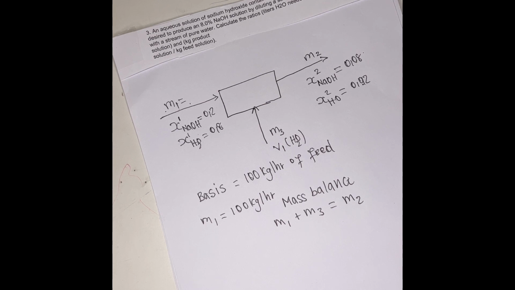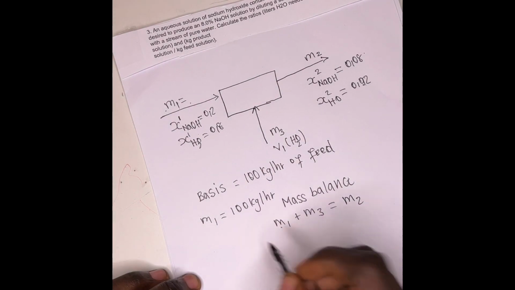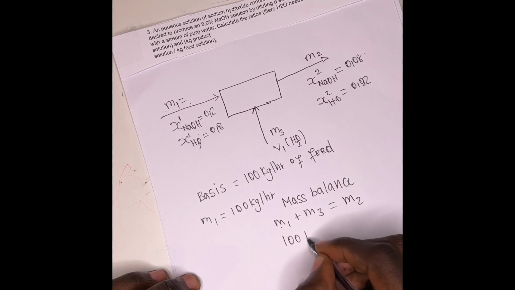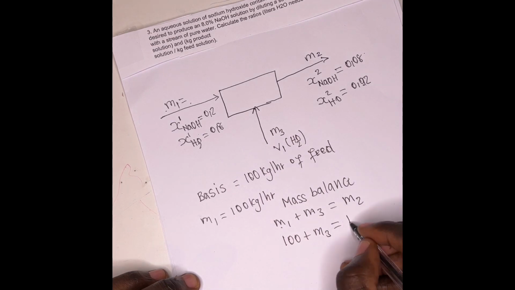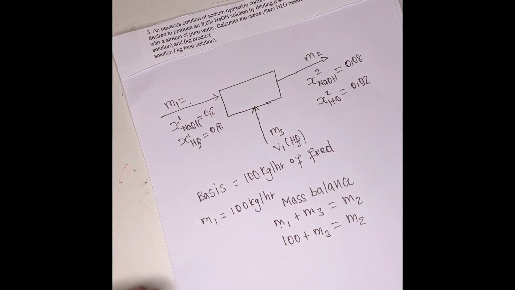Now, what we can do is this. What is M1? M1 is 100, so 100 plus M3 equals M2. We don't know M3, and M2 is the same, we don't know. So we have this equation with two unknowns.